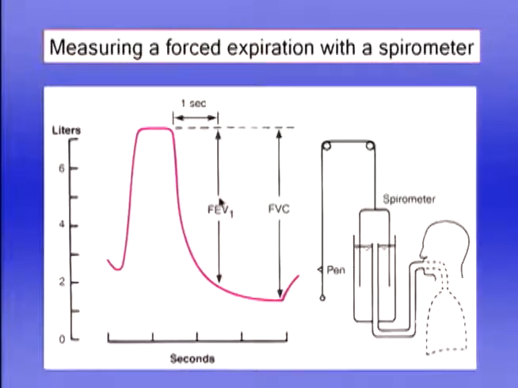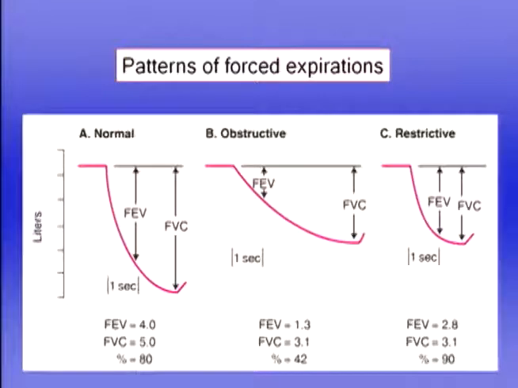Now, sometimes we measure the vital capacity with a slow expiration, and it tends to be somewhat larger, and that's why the convention is we call this the fast vital capacity, or FVC. Now let's look at three typical patterns of this forced expiration. On the left we see the normal pattern, and there you can see in this example the patient exhaled 5 liters altogether, and 4 liters were exhaled in the first second, the FEV1.